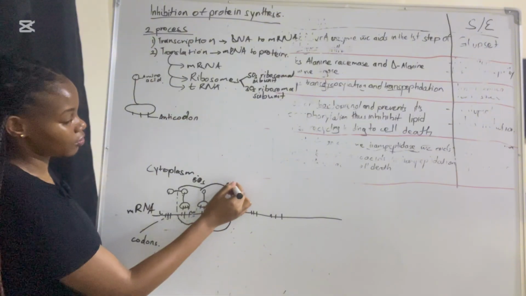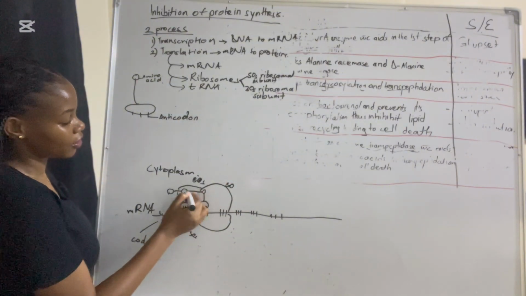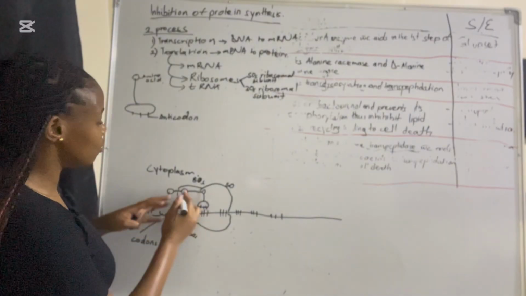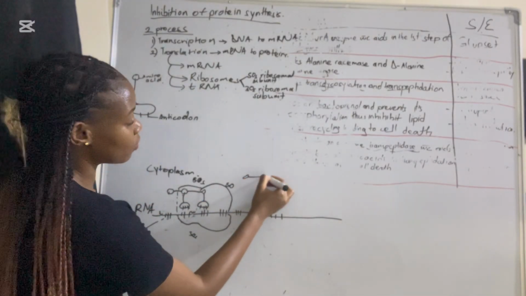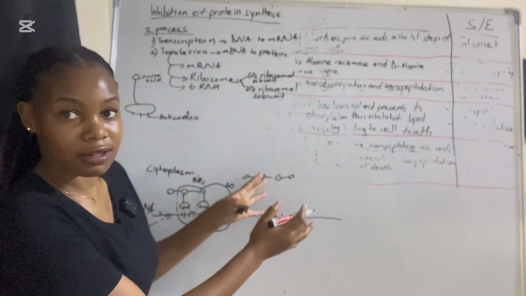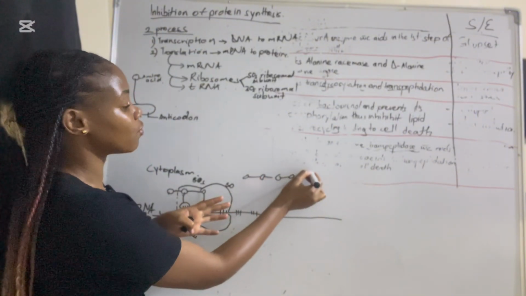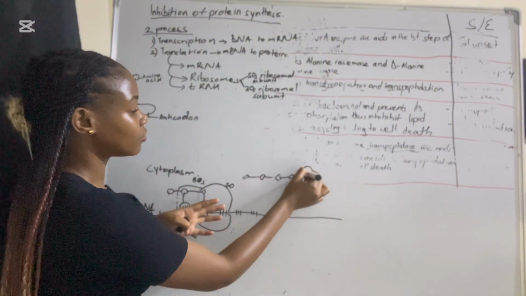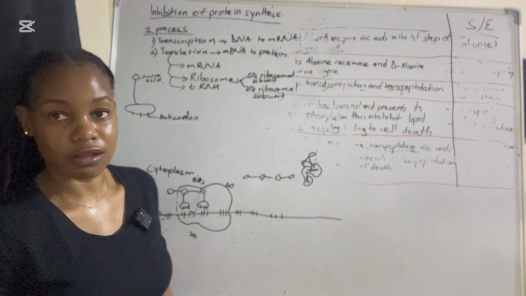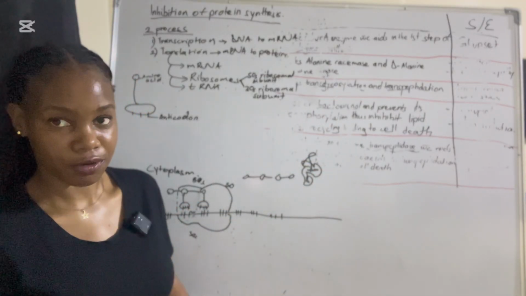And the 50S ribosomal subunit is still going to create a peptide bond. This process is going to continue until a long chain of amino acids is formed, and it is the one that is going to finally coil, leading to the formation of the proteins.